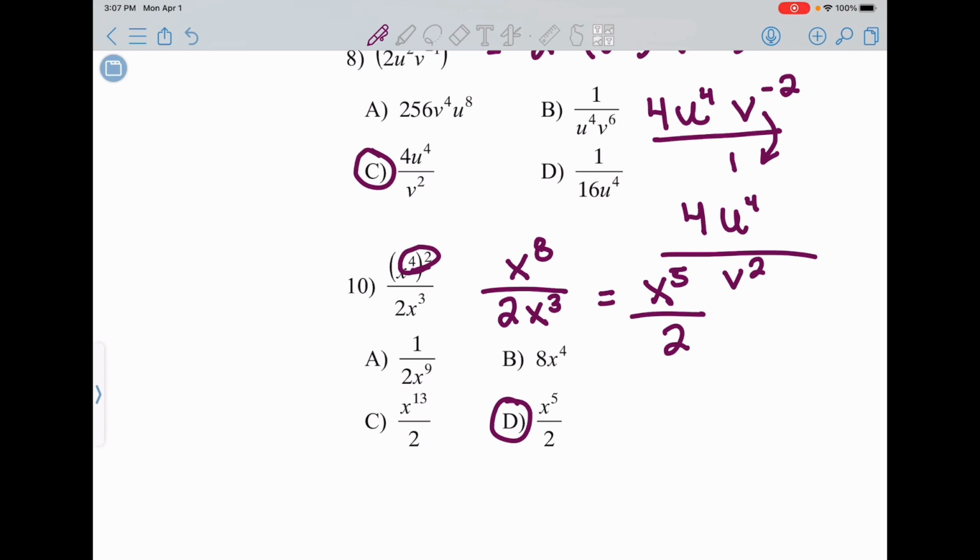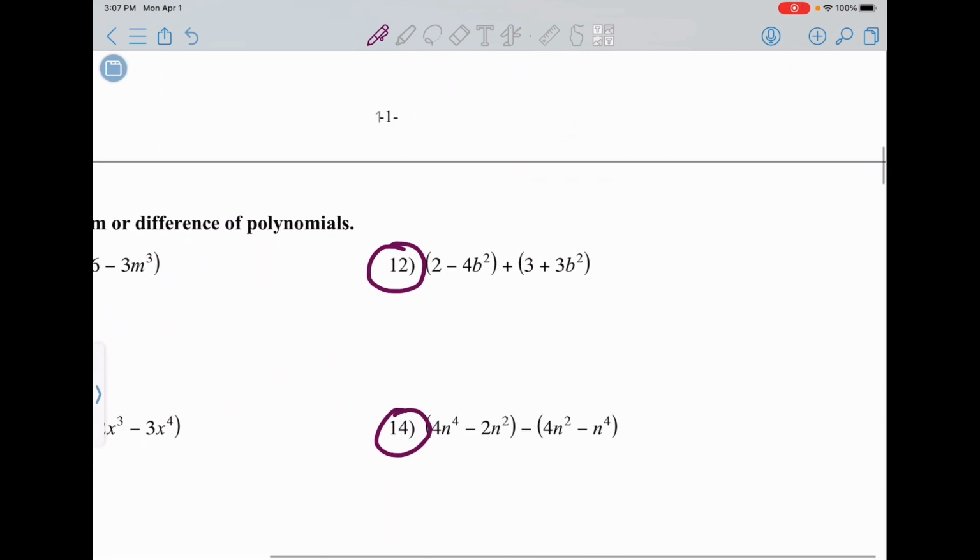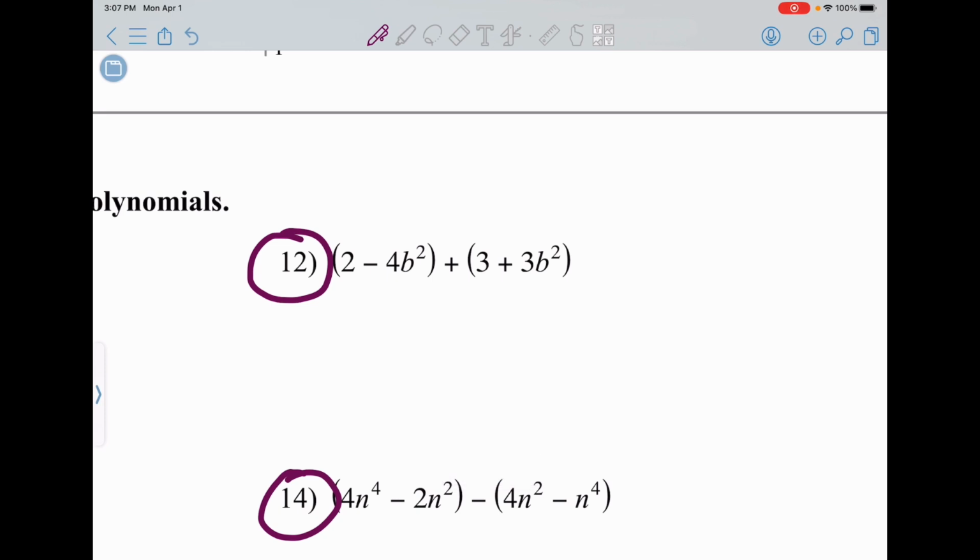After we talked about exponents, we started talking about adding, subtracting, and multiplying polynomials. So let's move on to question 12. And when we add polynomials, and you know that you are adding because there will be a plus between your polynomials, all you have to do is combine like terms, which means you are looking for variables with the same power.